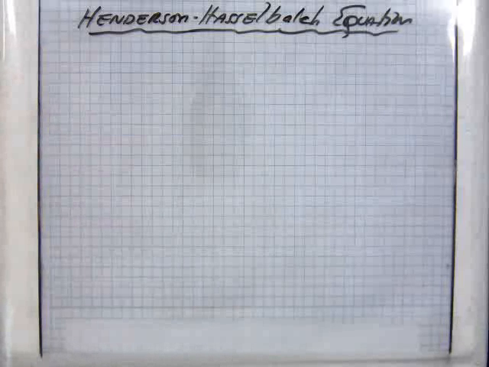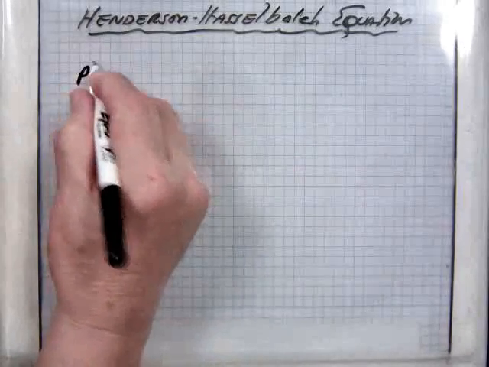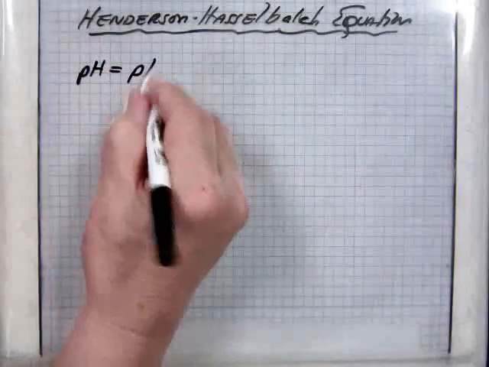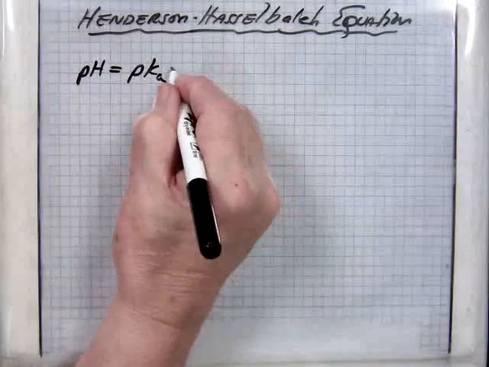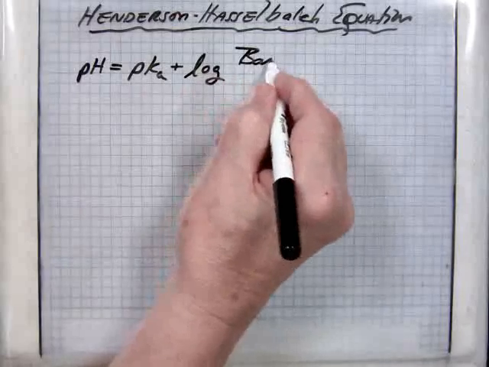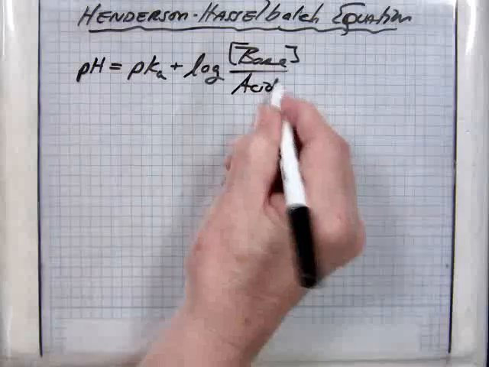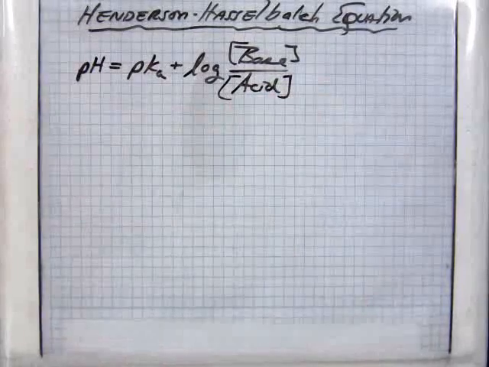And the Henderson-Hasselbalch is derived out of the Ka expression for a buffer solution. But it looks like this: pH is equal to pKa plus log of the base concentration over the acid concentration.